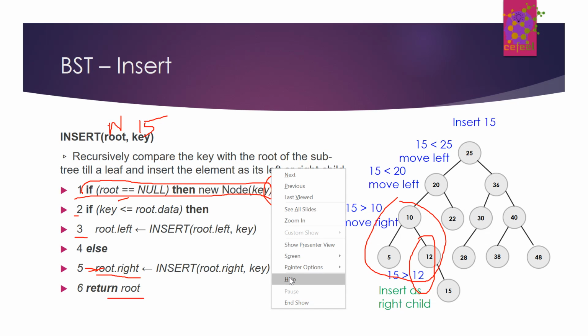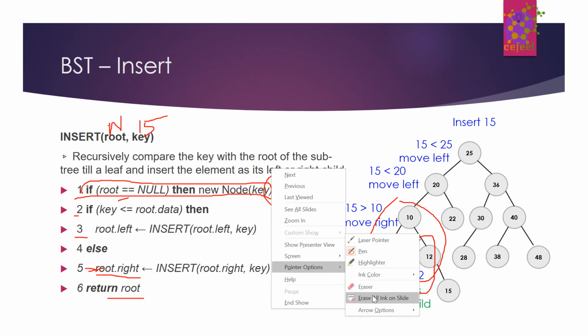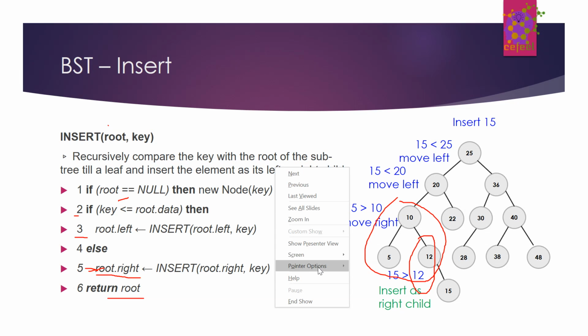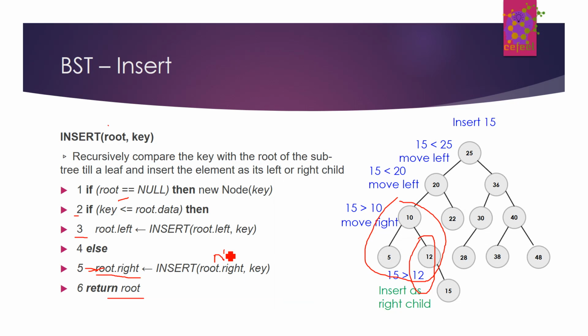So in the previous call, if you remember, we had called the right subtree over here, root dot right, and at this stage this was null, this was 15, so this would have returned back 15. So 15 is inserted to root dot right, which means in this case the call is 12 here and 15 here, so 15 now becomes 12's right subtree.